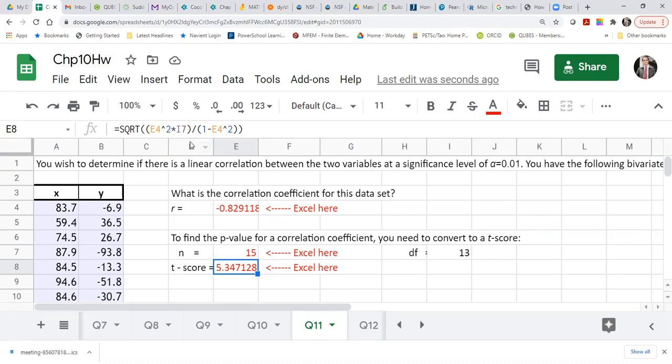I put the n up there. Instead of using that one, I'm using this one.